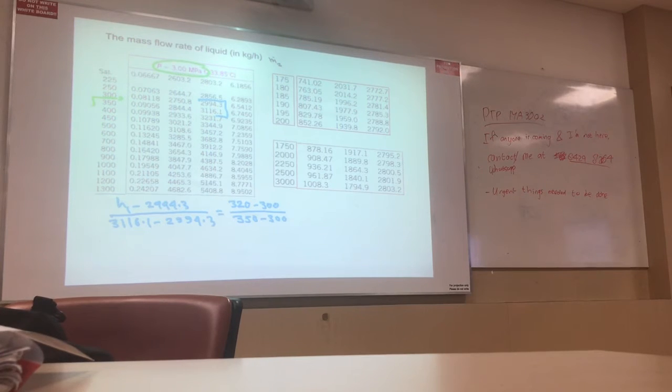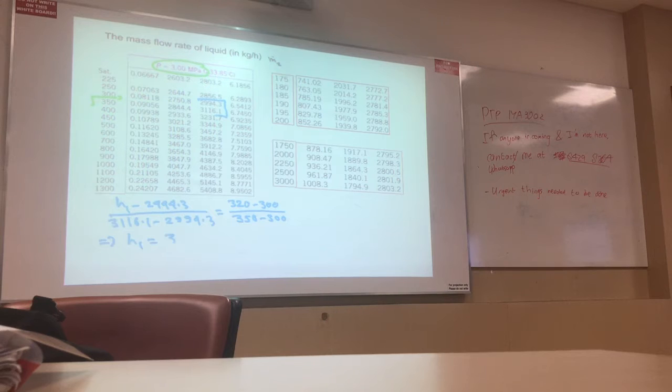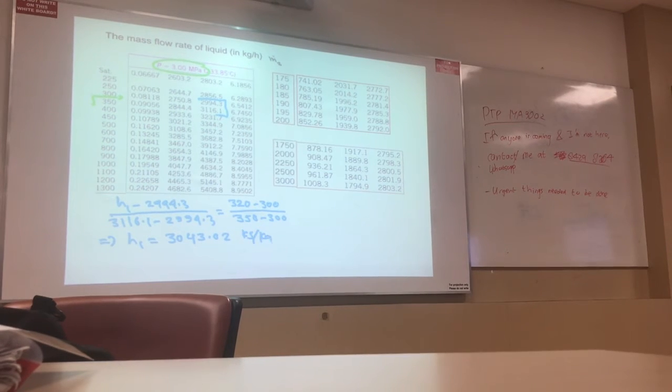Then you can get h1. h1 is equivalent to 3043.02 kilojoules per kilogram.